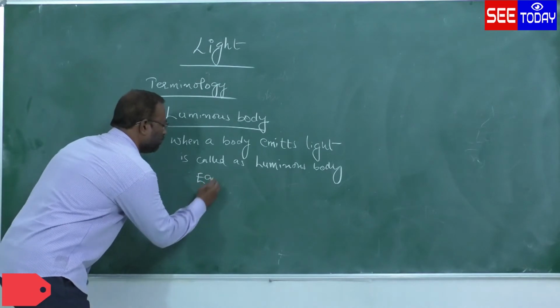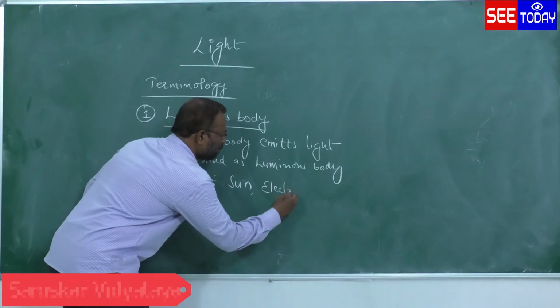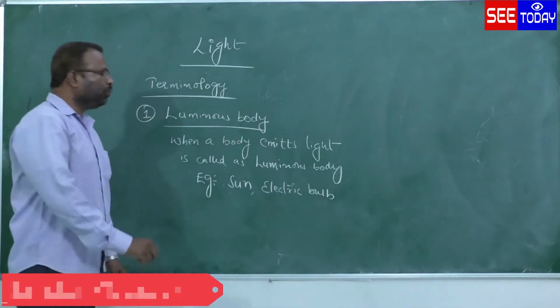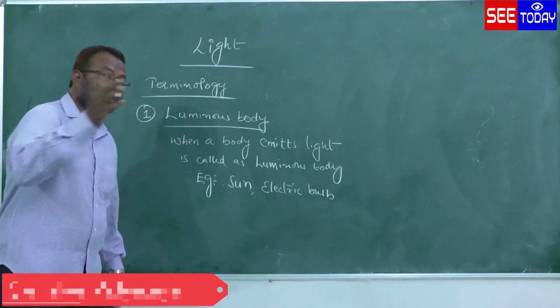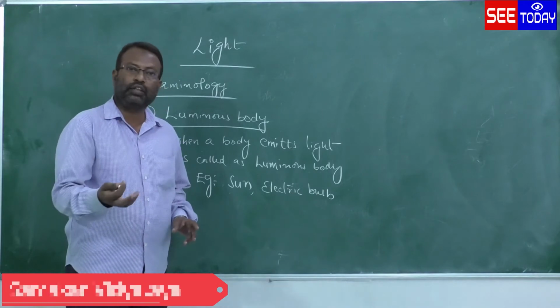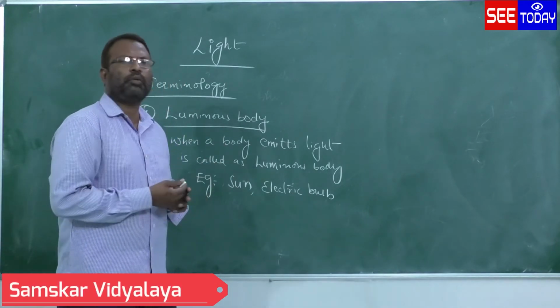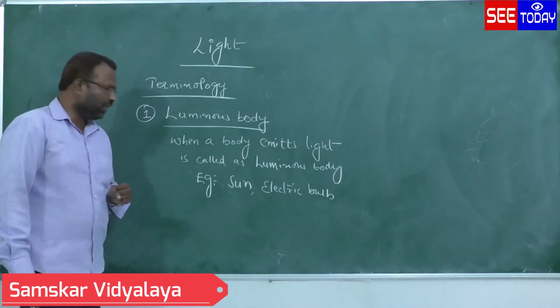Examples, sun, electric bulb will be treated as luminous bodies. If you find any body which is emitting its own light, we will call that body a luminous body.